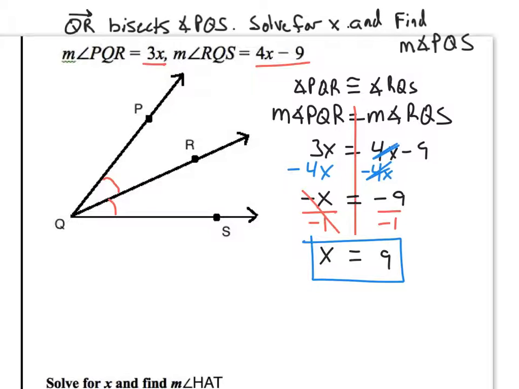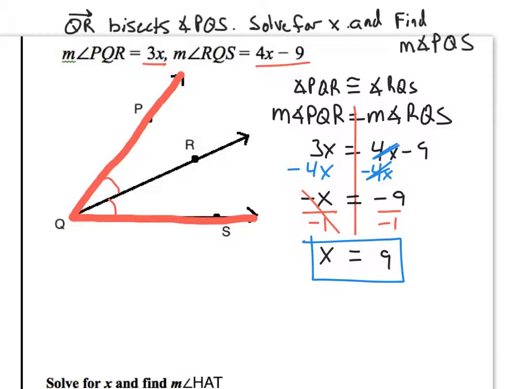So next, we want to find the measure of angle PQS, and please look closely at what we're finding. PQS is, in fact, this large angle. So we could find it multiple ways.